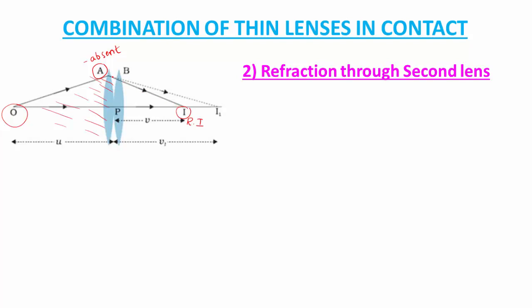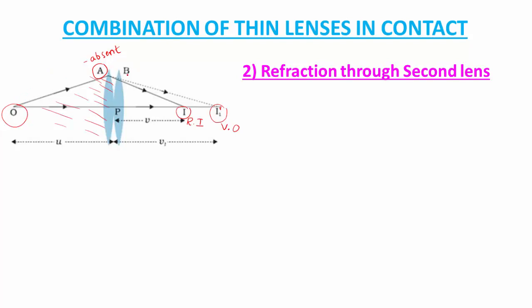But when it is extended in the forward direction, it meets at a point I dash. Now this point I dash is taken as the virtual object. See here, in the second case, the real object is invisible because this part is completely absent.